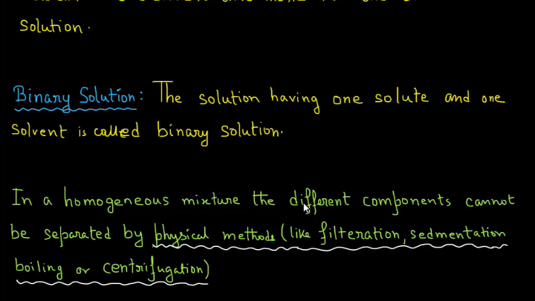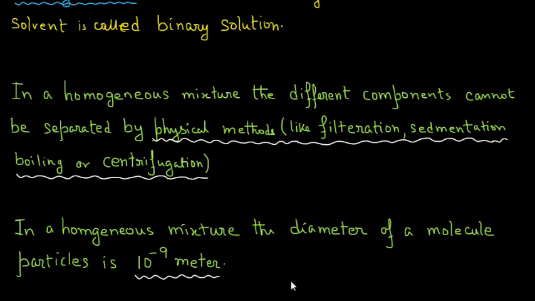So this point is to be noted: solutions cannot be separated by any of the physical methods. One more important point: in a homogeneous mixture, the diameter of a particle is 10 to the power minus 9 meter.